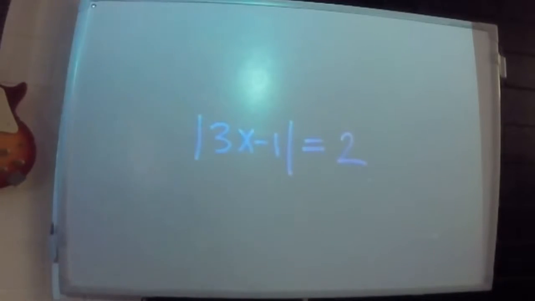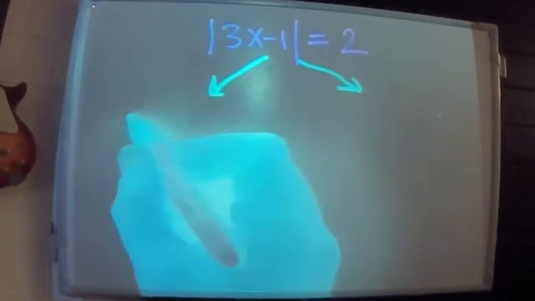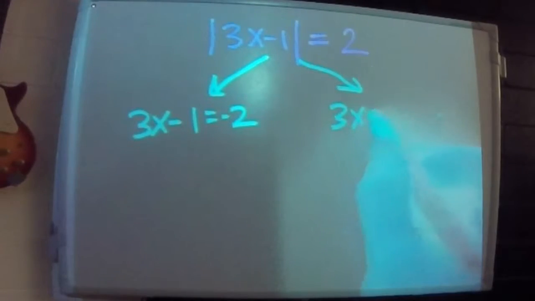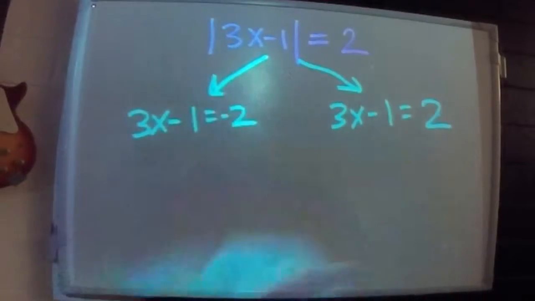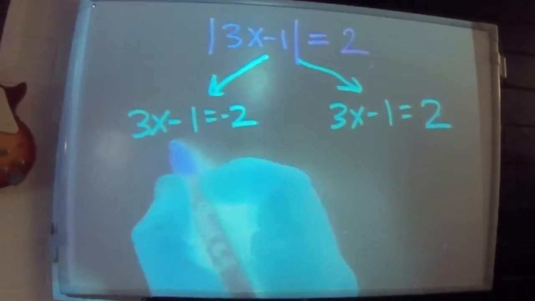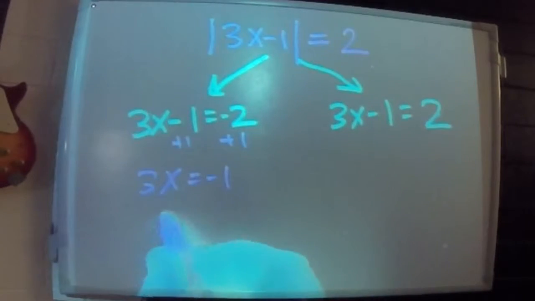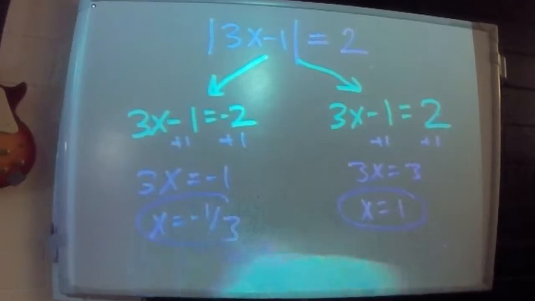Remember that we needed to split it into two separate equations, where 3x minus 1 equals negative 2, and 3x minus 1 equals regular 2. And then we would simply solve each one of these and get two answers.